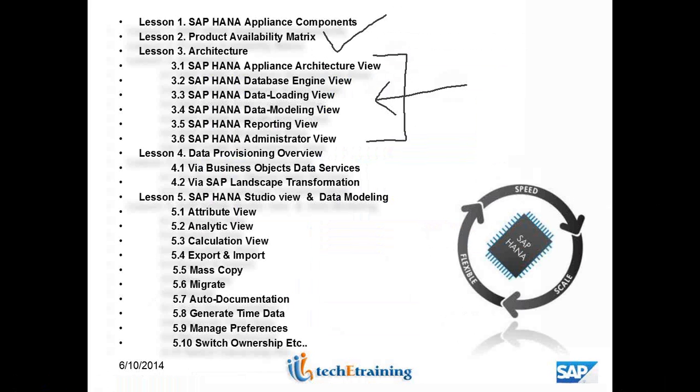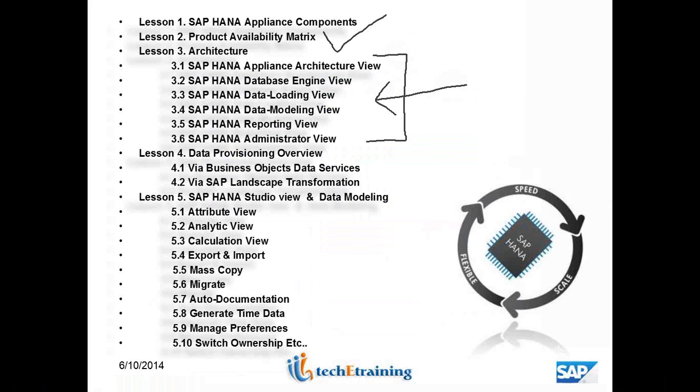As we are learning this new tool, we don't need to have SAP awareness, because this particular HANA is absolutely new even for SAP consultants. Okay, so whether I'm SAP or non-SAP, it does not make any particular difference, because it's a very new platform. All right, so we will learn that architecture.